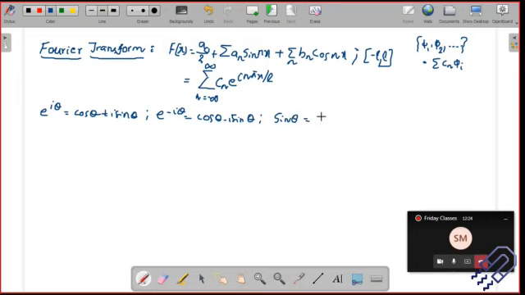So sine theta will be e to the power i theta minus e to the power minus i theta, divided by 2 times i. Right? And then we have got cos theta. Cos theta is equal to e to the power i theta plus e to the power minus i theta, divided by 3i.